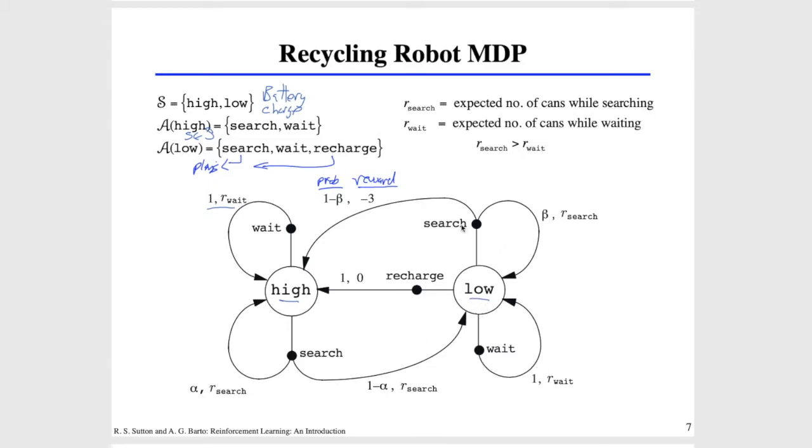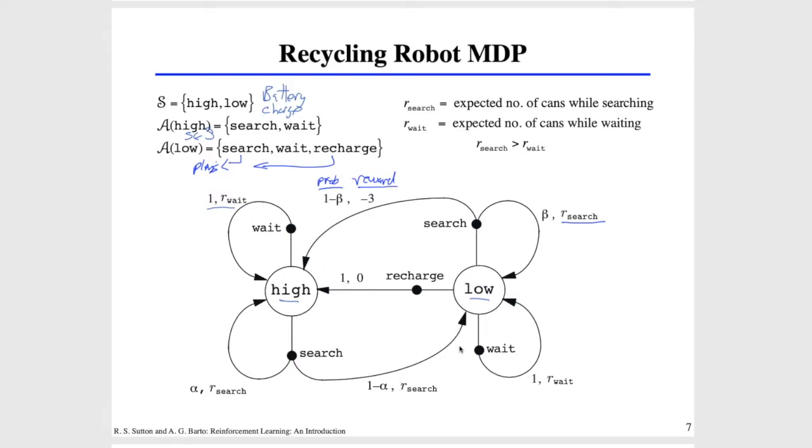Now what does beta mean again? Right, okay, so yeah, your reward is how many things you might find over that period. That's great. I'm just forgetting how we switch from low to high, because you might accidentally recharge while you're searching.